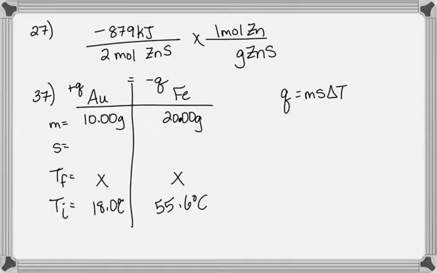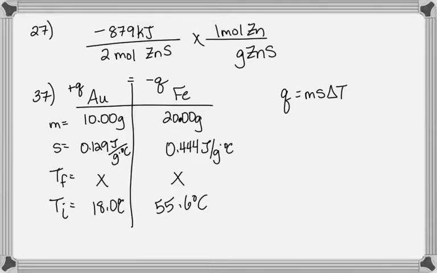And then the specific heats are given in table 5.2, so we're going to look that up. Specific heat of gold is 0.129 joules per gram times degrees Celsius. And for iron is 0.444 joules per gram times degrees Celsius.